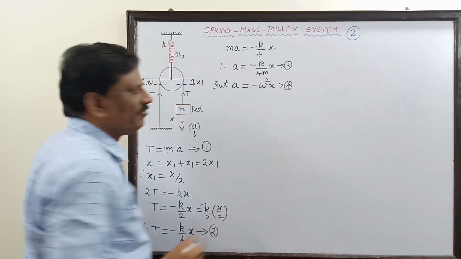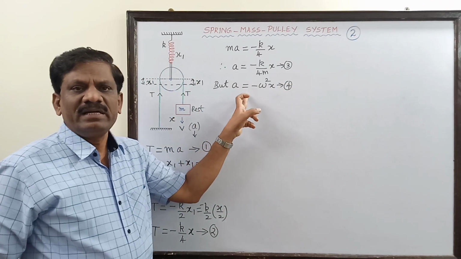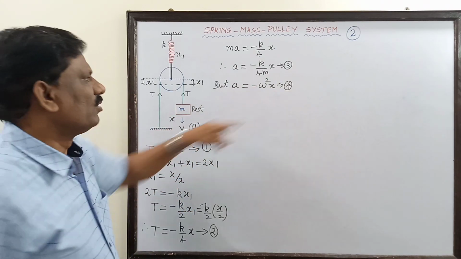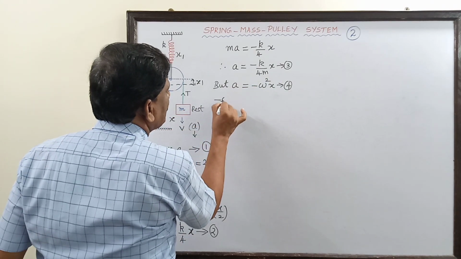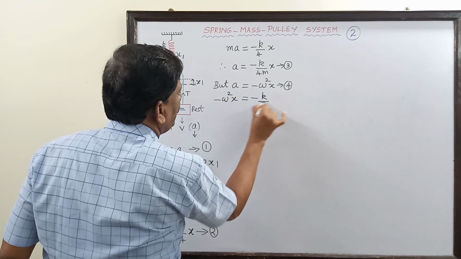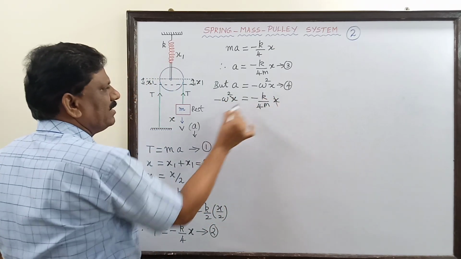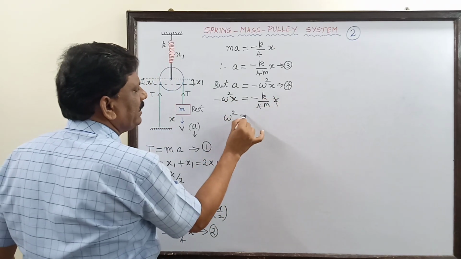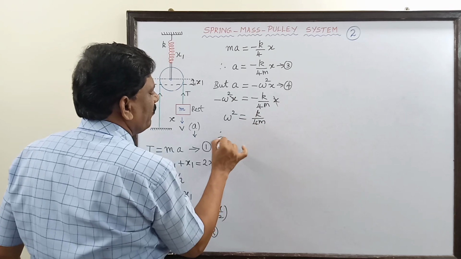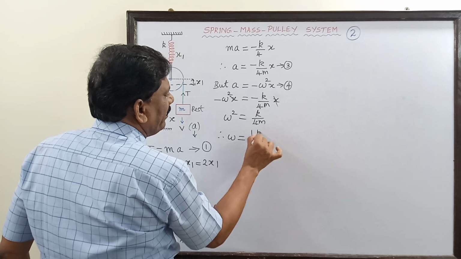This is equation 4, arrived from the definition of simple harmonic motion. Now equating 3 and 4, minus omega square into x is equal to minus K by 4M into x. So cancelling x and minus, omega square is equal to K divided by 4M. Therefore omega is equal to root K by 4M.